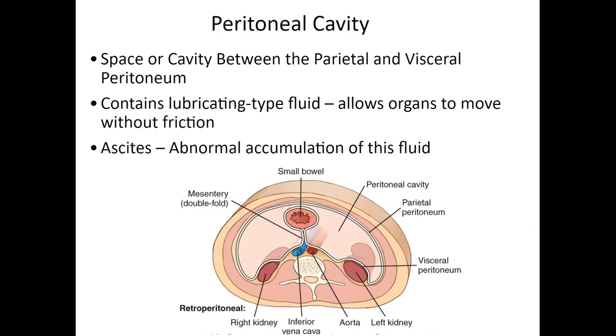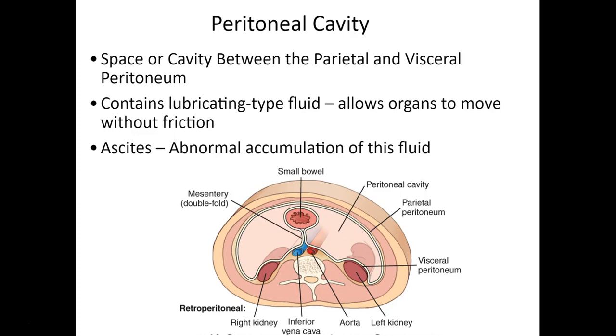The space or cavity between the parietal and visceral peritoneum is known as the peritoneal cavity. And this should sound familiar because this is similar to what we see in the thoracic cavity. Remember, in the thoracic cavity, we have 2 layers of pleura with a cavity in between. So this is the same concept in the abdominal cavity, 2 layers with a cavity in between.